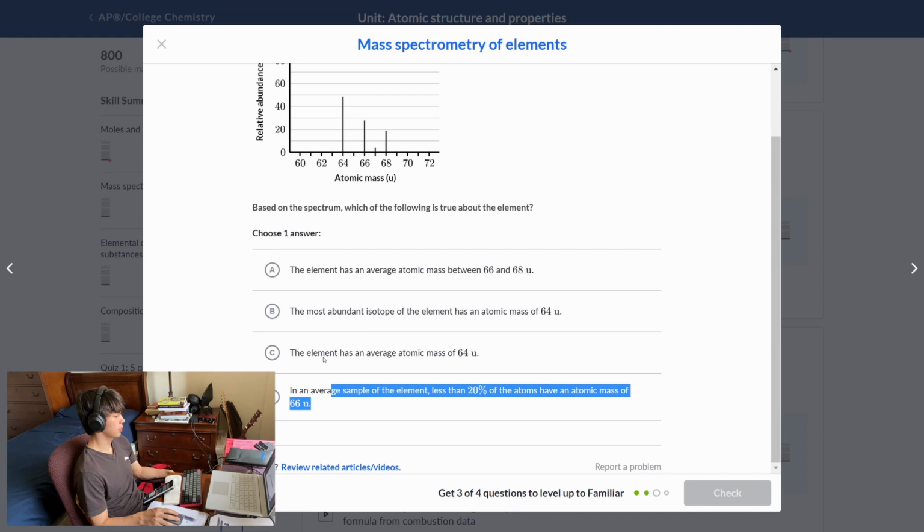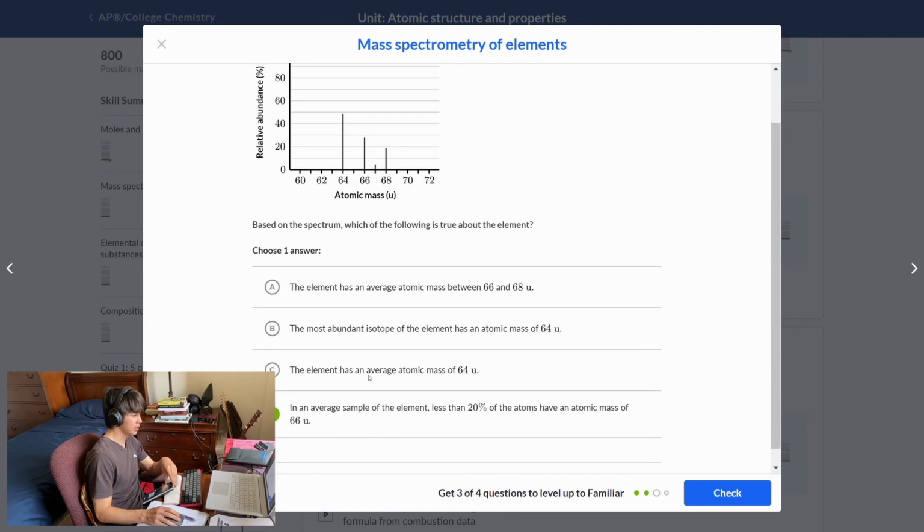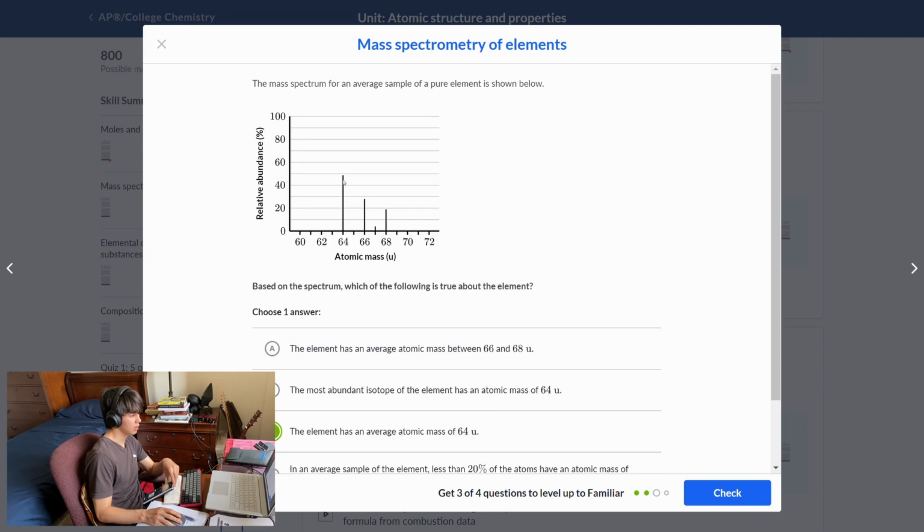Can I select multiple? Atomic mass of 66, less than 20%? No, that's wrong. The element has an average atomic mass of 64. Don't know about that one. It'd be higher than 64, right? Like 66 maybe.